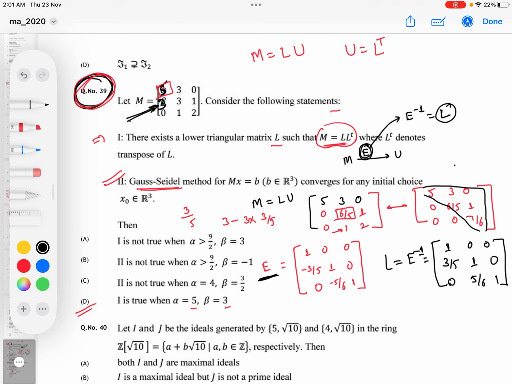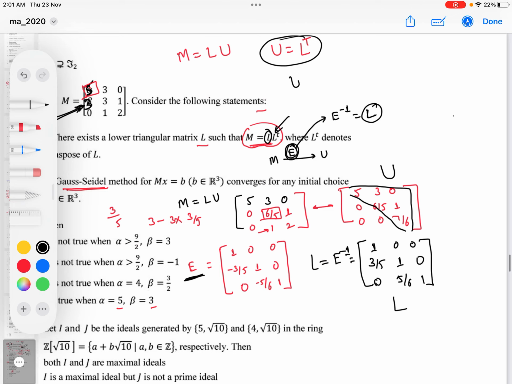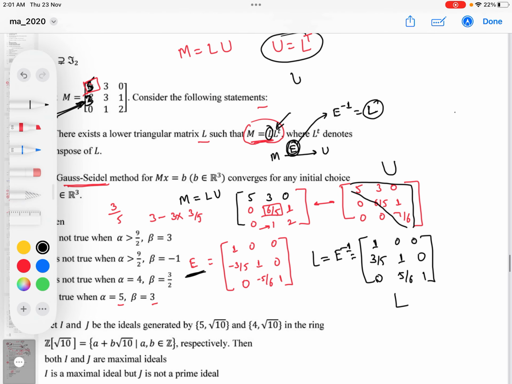So this is our matrix U and this is our matrix L. Now according to statement 1, this upper triangular should be the transpose of the lower triangular, but if you see, it is not looking the same, right?